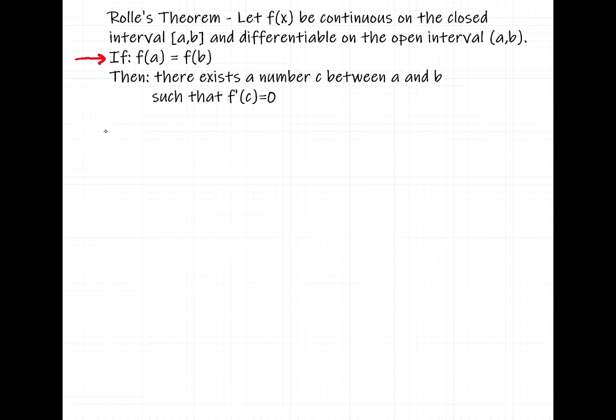Okay, so let's say we have this. Let's just look at the first quadrant. It doesn't really matter, but here's a and here's b. So we're looking at the interval a to b, and f of a is equal to f of b. And we know that the function is continuous from a to b and differentiable between a and b.